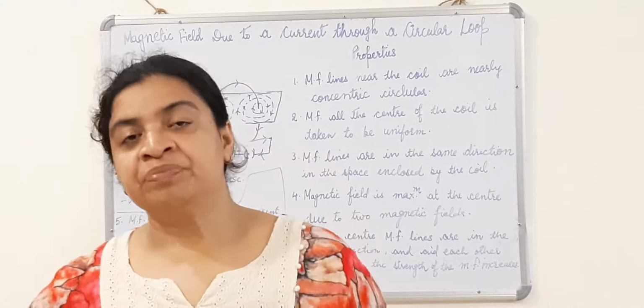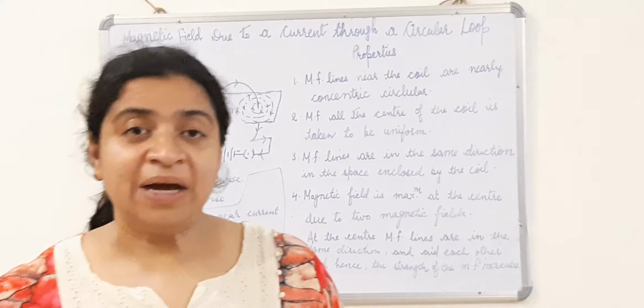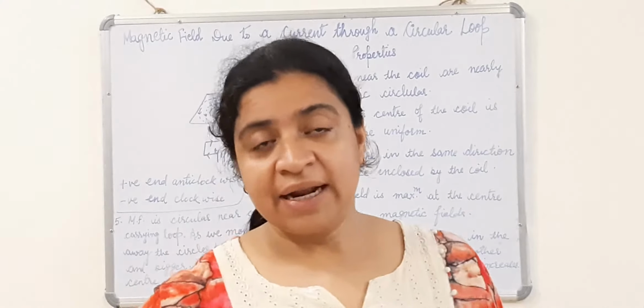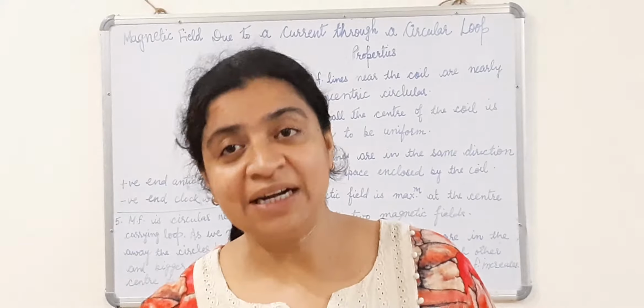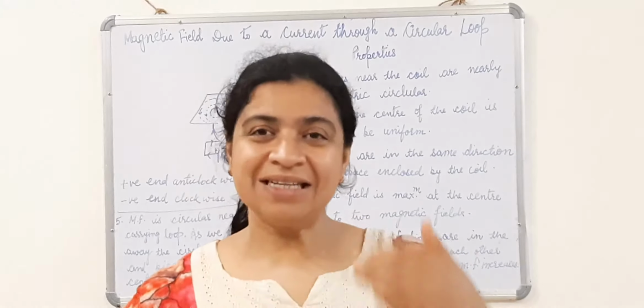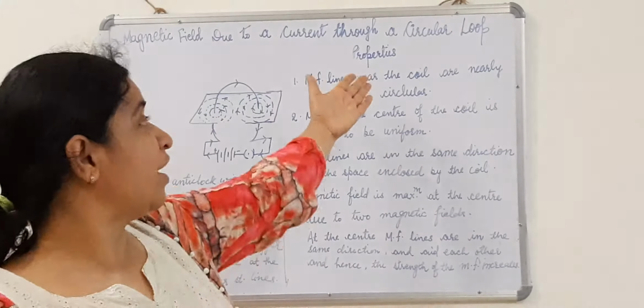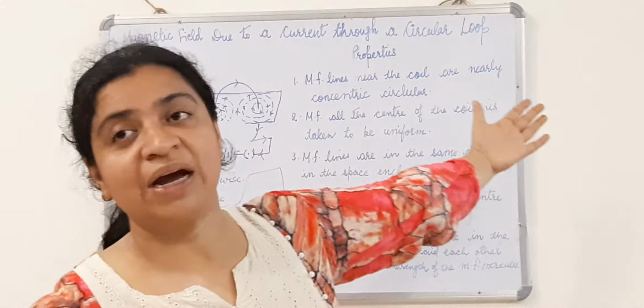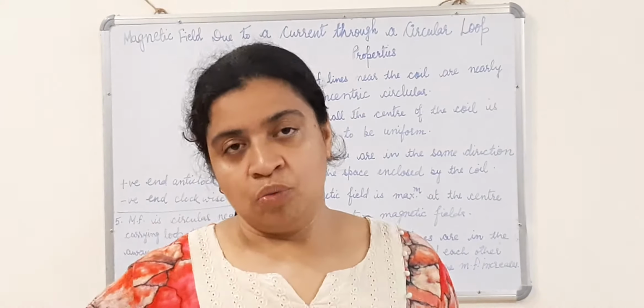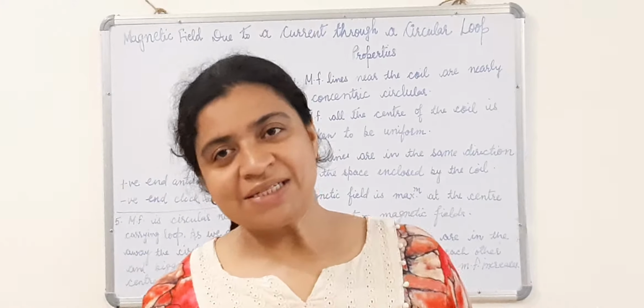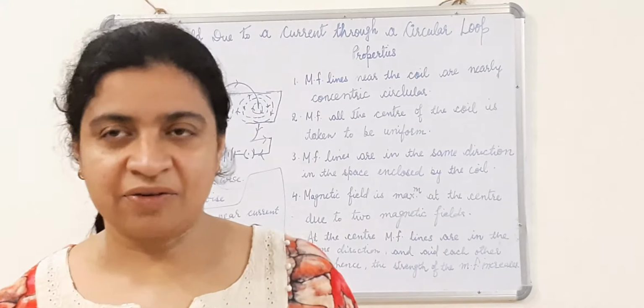Third, draw the pattern of magnetic field lines around a current carrying circular loop and also find the direction of magnetic field lines. You can also be asked to write about the properties of the magnetic field lines due to a current through a circular loop. So we will talk about all these things in this video. So let's start our video.